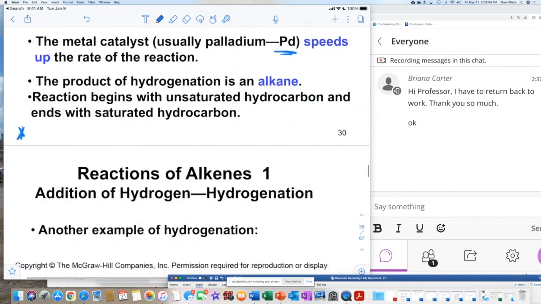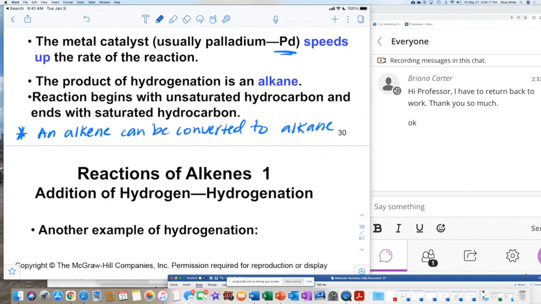So they're saying here, bottom line, an alkene can be converted to alkane by adding hydrogen and palladium catalyst.